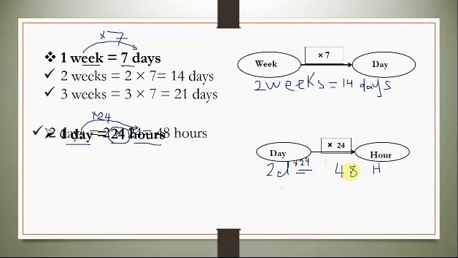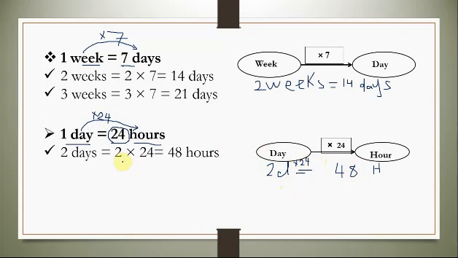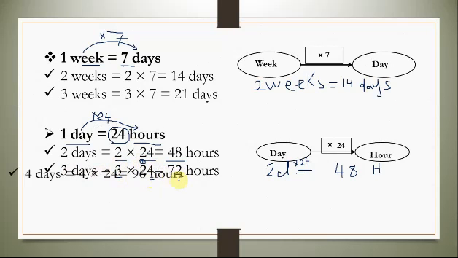And you see here 2 days equals 2 times 24 equals 48 hours. 3 days equals 3 times 24. 3 times 4 equals 12, so 2 and carry 1. And 3 times 2 equals 6 plus 1 equals 7. So 3 days equals 72 hours.